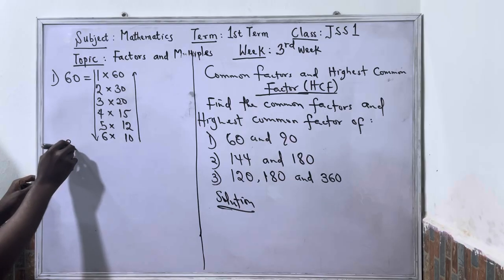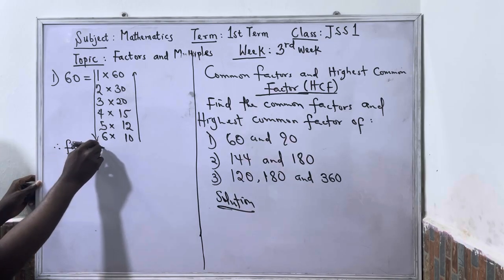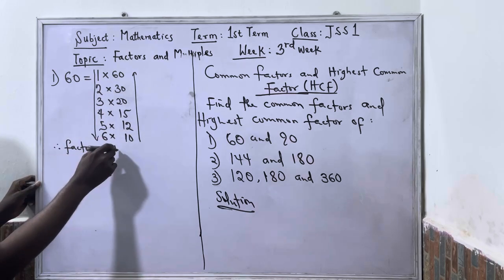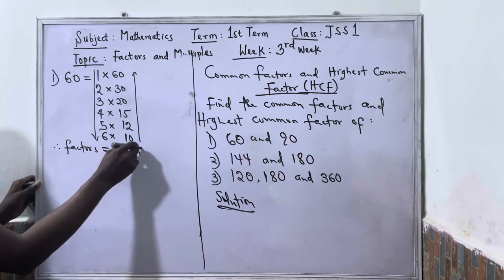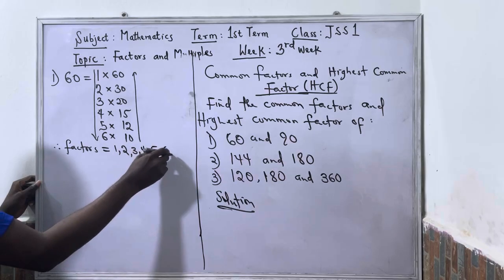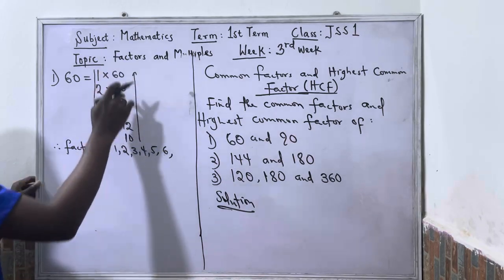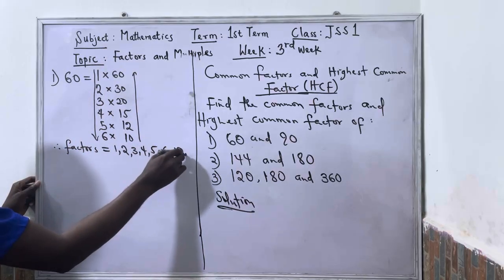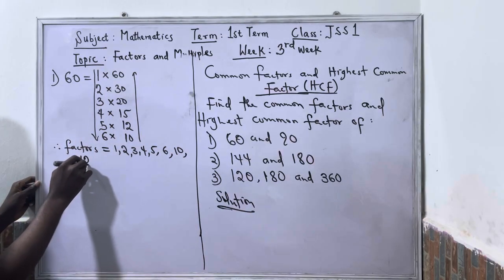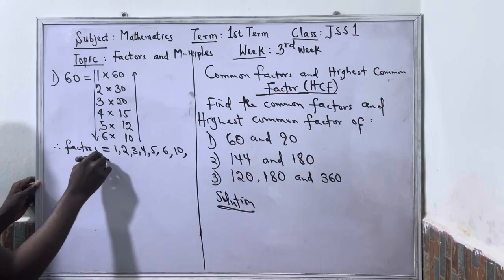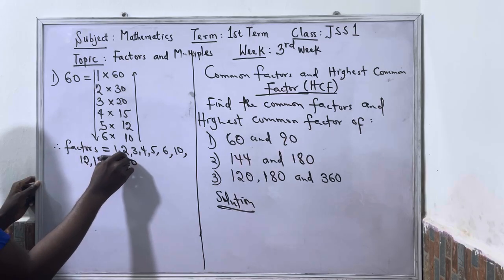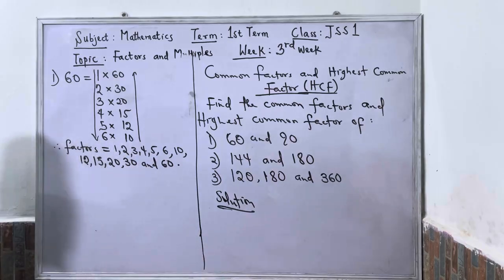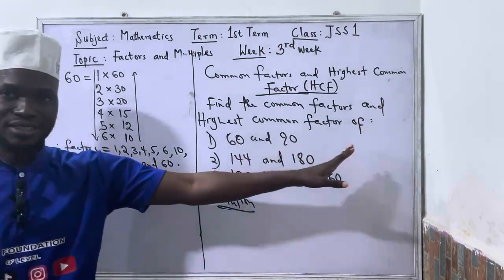Therefore, factors of 60 are equal to, write this down, 1, 2, 3, 4, 5, 6, then the other part, 10, 12, 15, 20, 30, and 60. So these are the factors of 60.